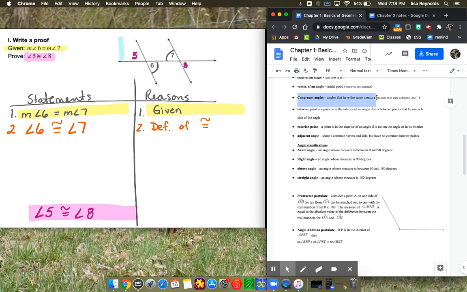So here's the next thing I'm going to do. I'm going to focus on the part of my picture that has angle 6 in it, and I see that it also has angle 5. And it turns out that angles 5 and 6 form these 2 pair of opposite rays, which happen to be vertical angles. So I happen to know a few things about vertical angles.